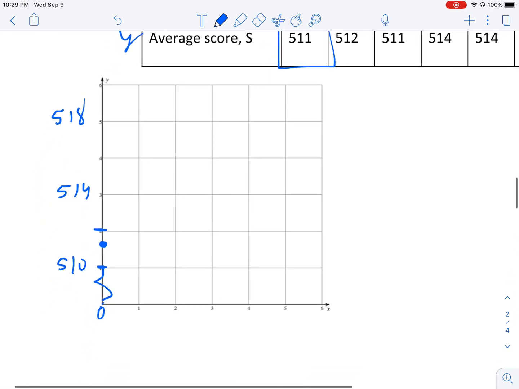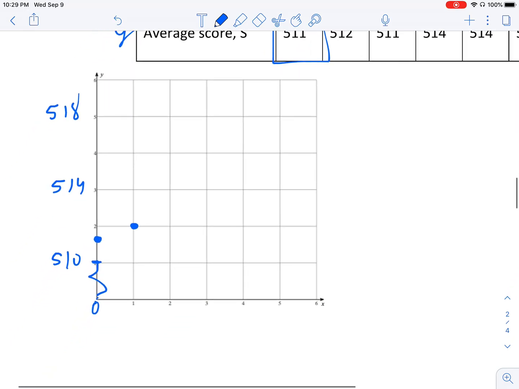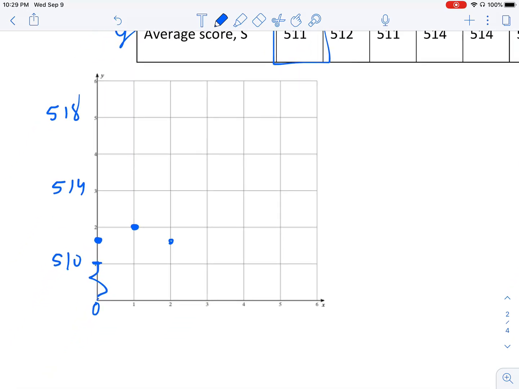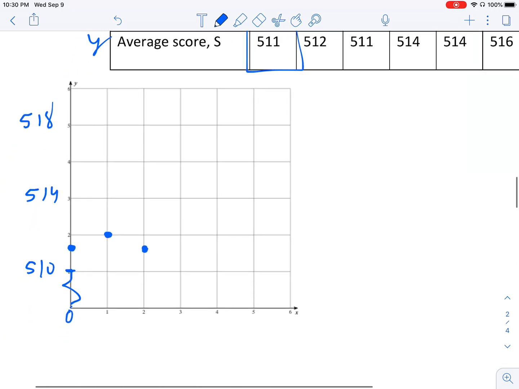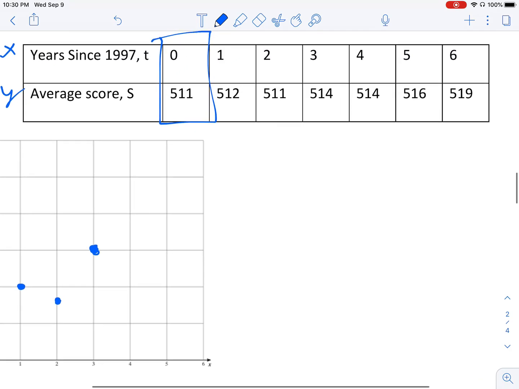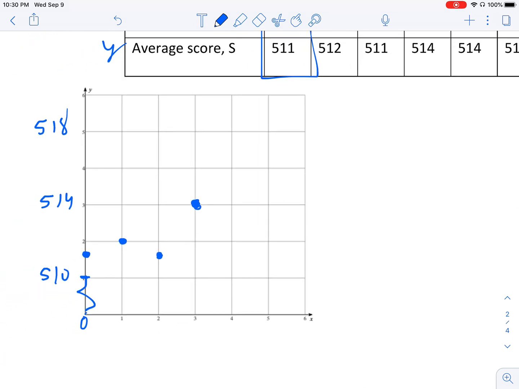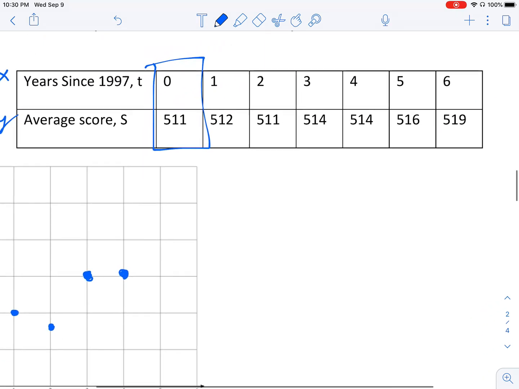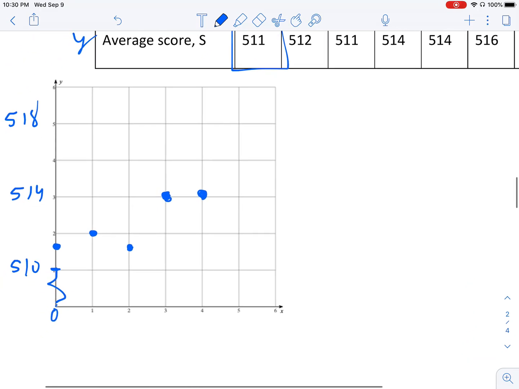All right, the next one is (1, 512), which would be this crosshair. (2, 511). So again, that's halfway in between. (3, 514). (4, 514). (5, 516).